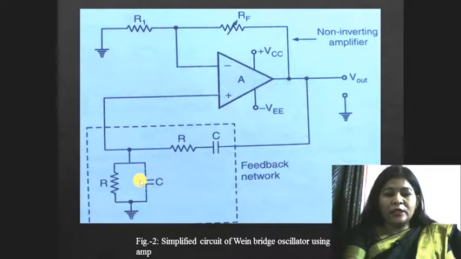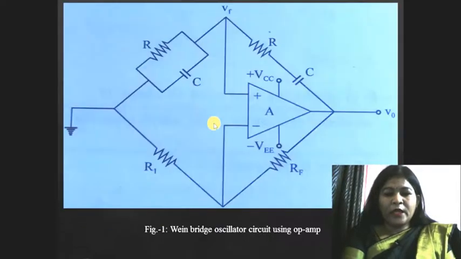This circuitry is used as a feedback network. In the feedback network there are two combinations, one in series and one in parallel form, and this is the output. You can find the output with the help of a CRO. So this is the basic circuitry of the Wien-Bridge oscillator.